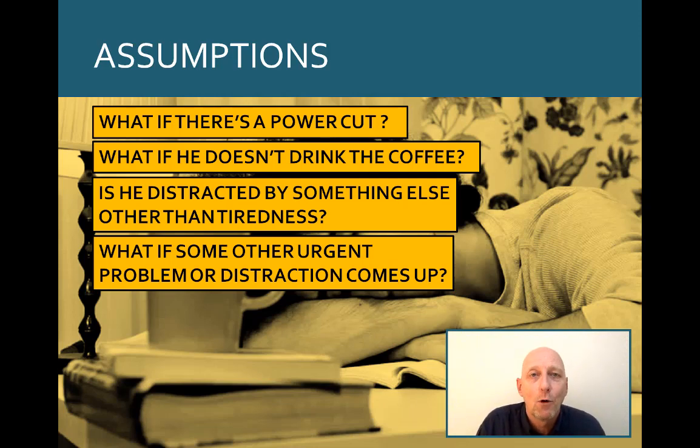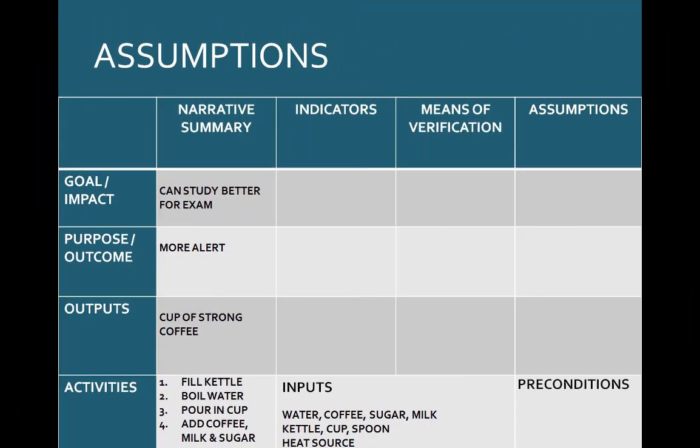And what if he is more alert, but something else happens? He wakes up and he thinks he'll play a computer game. He'll check mail. Or a friend phones and says, "Do you want to go out?" Then he's not going to study. Our precondition, firstly, is that we have some kind of power supply.